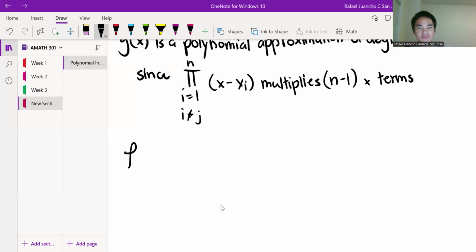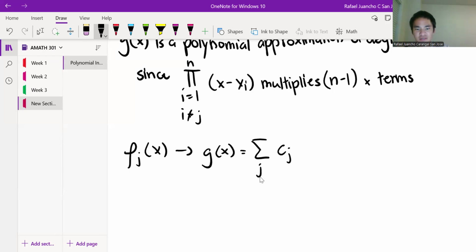One of them could be, I don't know, this rho, mostly used for density, but I'm going to use this anyway. Sometimes these have the form, let's say, g of x, my polynomial approximation. It's just going to be some summation going all the way to j of cj, where cj is some constant, times my rho. And what I'm saying is that cj is not necessarily data points.